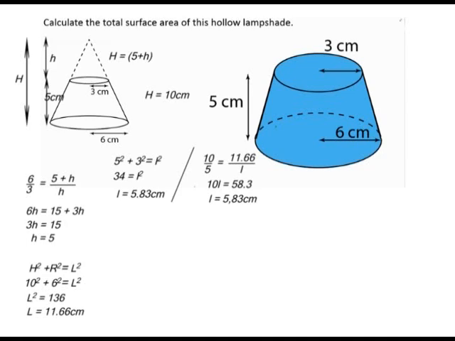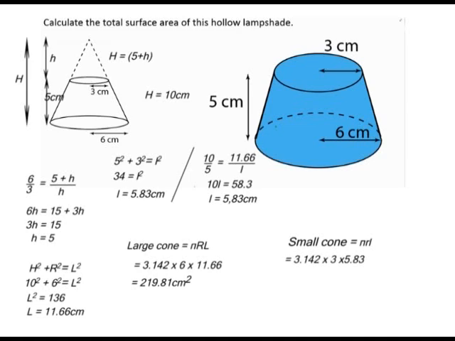The curved surface area of the large cone is given by pi r capital L capital. That is 3.142 times 6 times 11.66. That gives us 219.81 square centimeters. Then the curved surface area of the smaller cone is equal to pi r l.